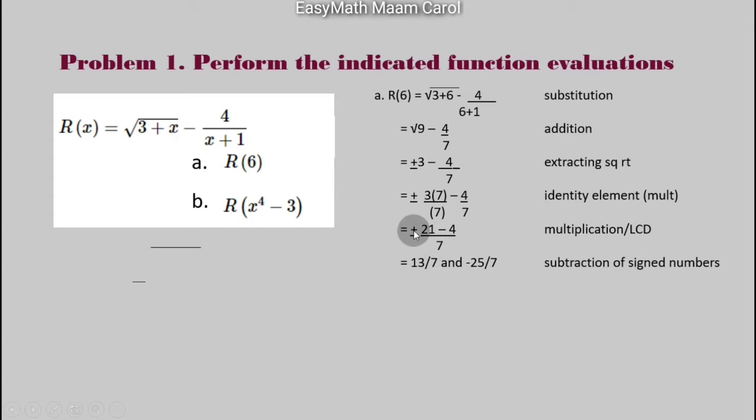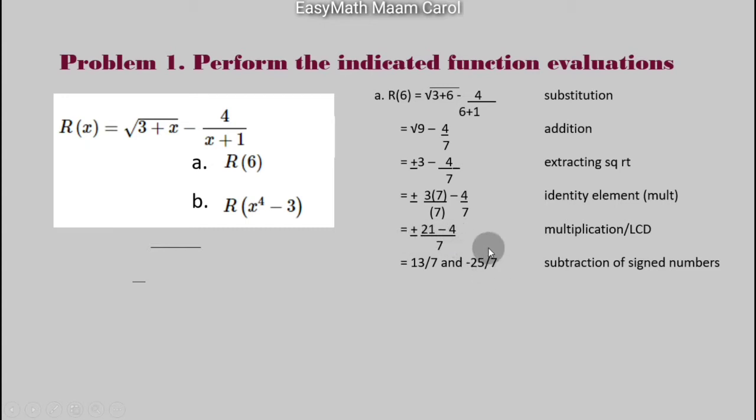Isa para doon sa positive 21 minus 4 at saka isa para sa negative 21 minus 4 over 7. So, yung positive 21 minus 4, the answer for that is 13. So, 13 over 7 as a whole, that's the answer. And then, doon sa negative naman, negative 21 minus 4 is negative 25 over 7.